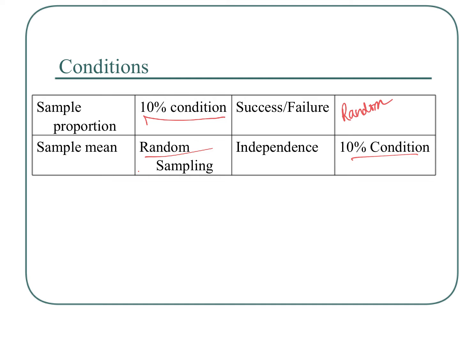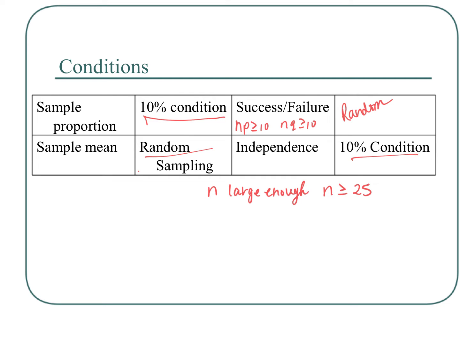And for proportions, success/failure, that's np greater than or equal to 10, and nq greater than or equal to 10. We worked with that last semester, the very end in chapter 17. And for the sample mean, is n large enough? So we're going to say greater than or equal to 25.